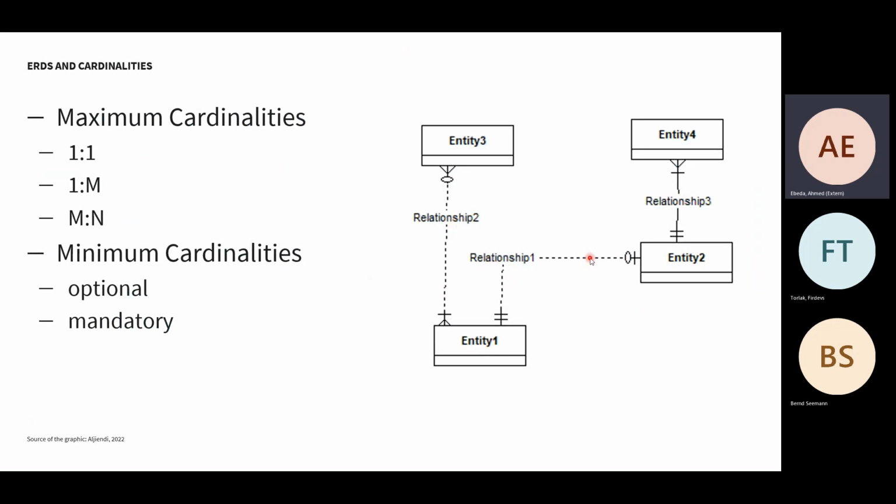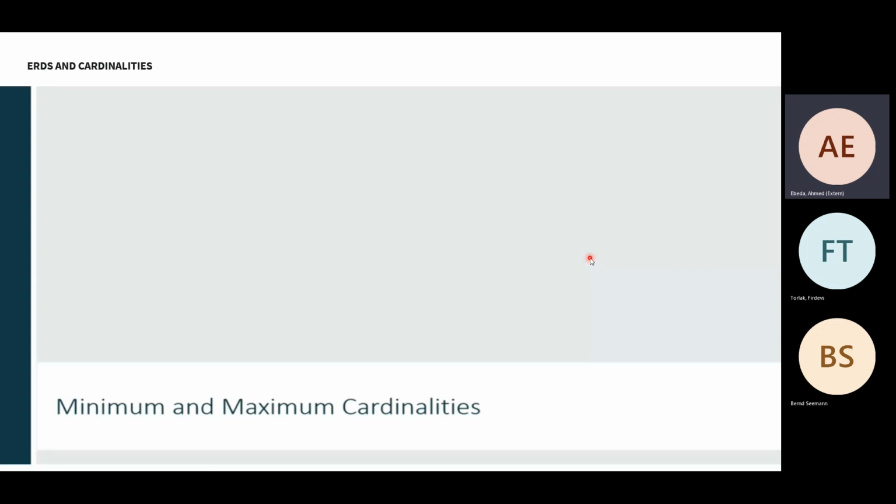We need to figure out first the maximum cardinalities: at least you have one-to-one, or one-to-many, or many-to-many. But for minimum cardinalities, you could have the relationship or not. Mandatory means, is this relationship mandatory or not? This can be clarified better in this video example on minimum and maximum cardinalities.